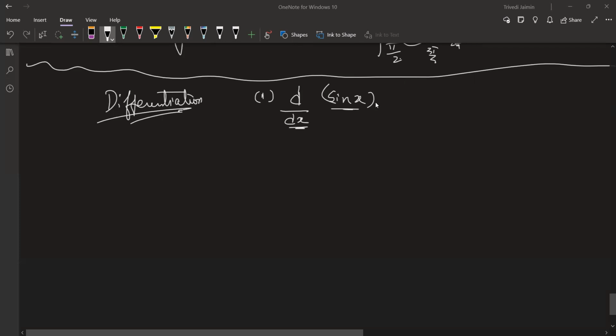So let's write some basic formulas here. First, d by dx of sin x is cos x. Second one, d by dx of cos x will be minus sin x.